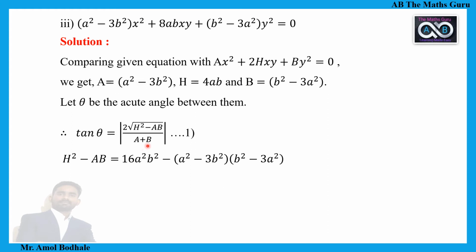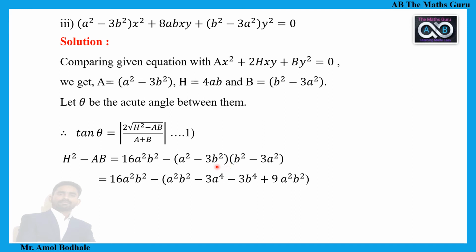Before putting the values here, we will calculate the individual values of H square minus AB and A plus B. So H square is 4ab bracket square, that is 16a square b square, minus A into B, that is a square minus 3b square into b square minus 3a square.